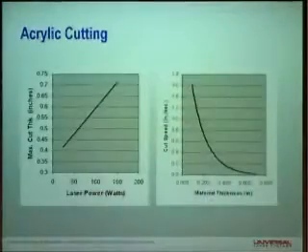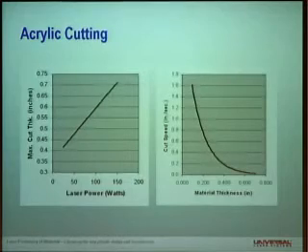Because if you're cutting through 40 millimeter acrylic, you need a different power density than if you're cutting through quarter-inch acrylic. So we'll characterize the maximum cut thickness versus laser power, and of course as the laser power goes up, you can cut through thicker and thicker materials.